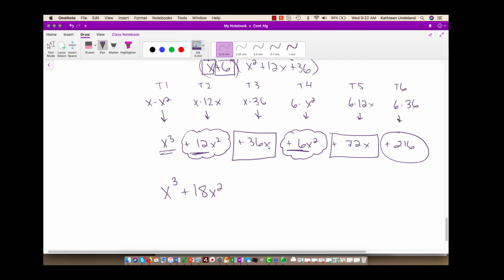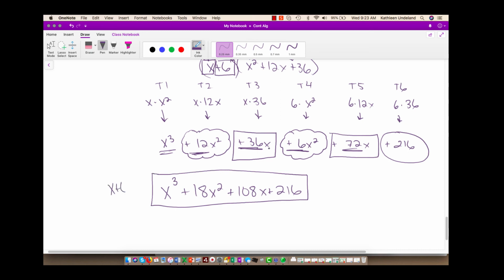For plain old x's, I've got 36 of them and 72 more, 72 plus 36 is 108 of those x's, and one plain old number term which comes on the end. So here is the answer to x plus 6 cubed.